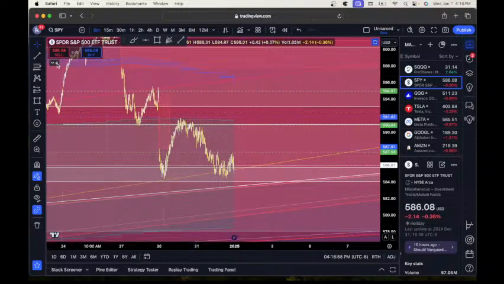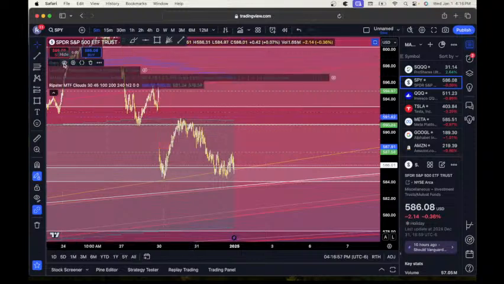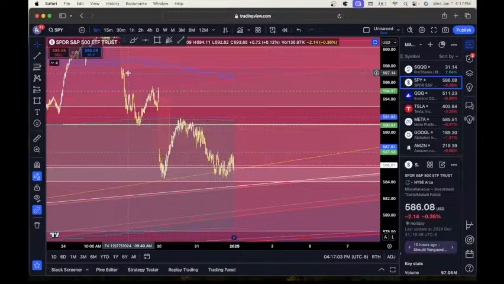Now this indicator right here is just called gaps, and you don't need it, but it's just another visual indicator to let you see the gap down levels or the gap up bullish demand levels. So once this gapped down, you were already expecting for it to come back down.